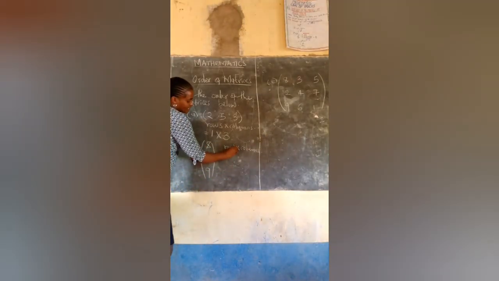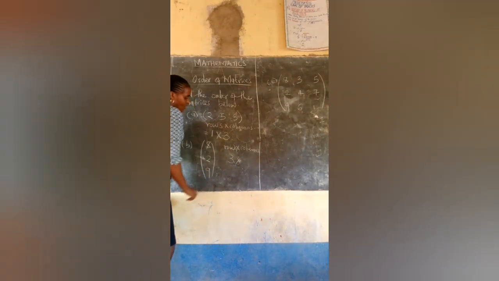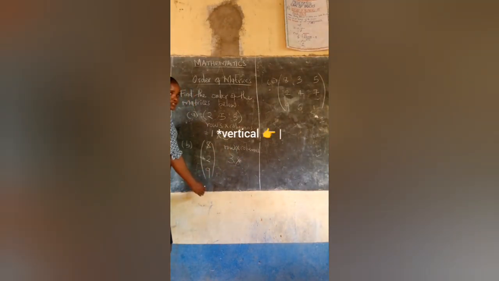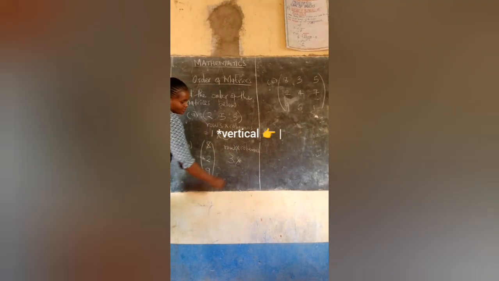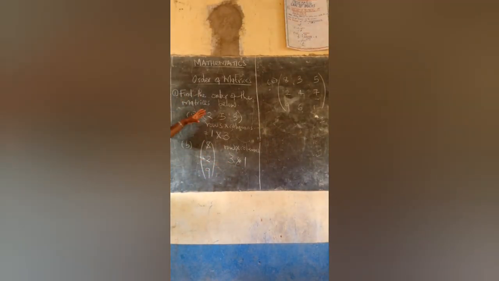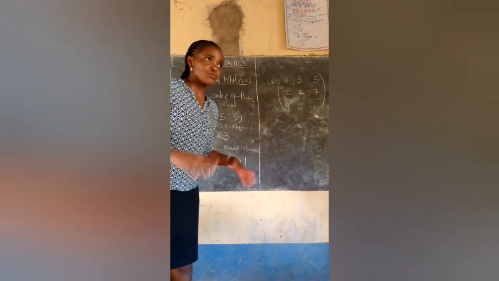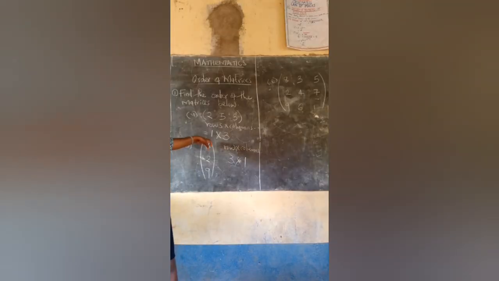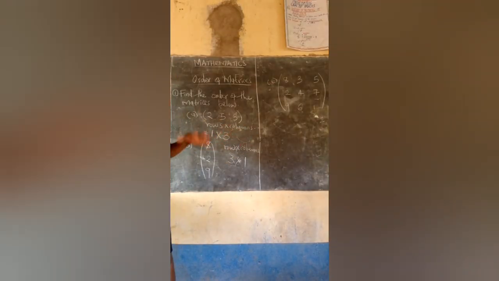So we have 3 rows by how many columns? The horizontal arrangement is 1. So 3 by 1. Anytime you call a 1 by 3 matrix, and then say it is a 3 by 1 matrix, you mean something else. So be very careful on the order. That is rows by columns, not columns by rows.